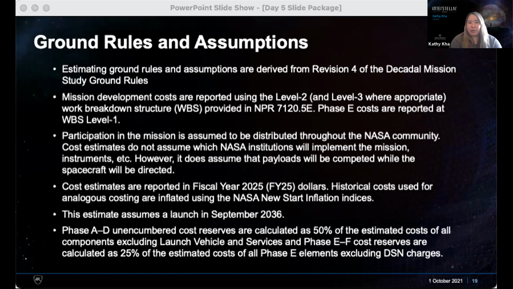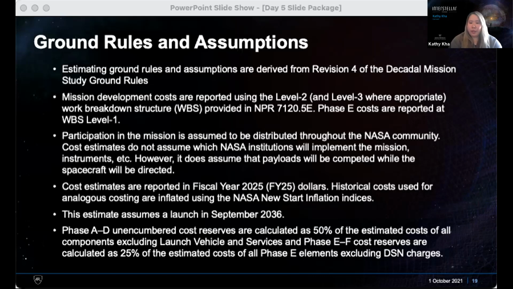The estimate assumes a launch in September 2036. So phase E starts September 2036 is our assumption. And we also assume an 8-year development cycle from A to D. So it's 7 years for B to D and a year of phase A, which Michael touched on earlier as well.